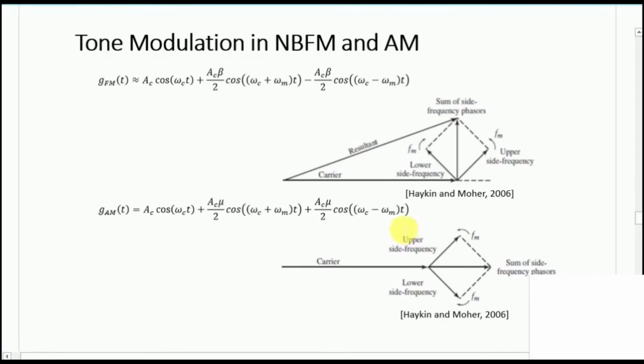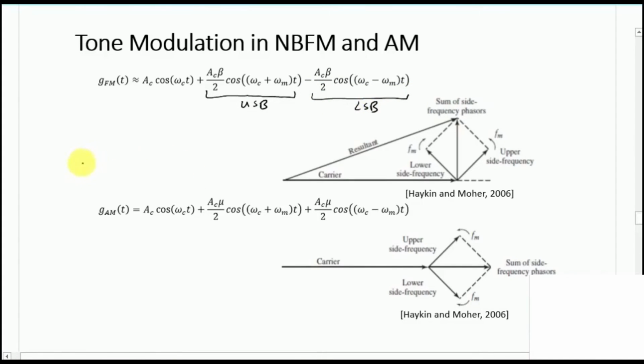So the major difference is we have a change in the sign of the lower sideband. Here we have the upper sideband for both of them, and this is the lower sideband.